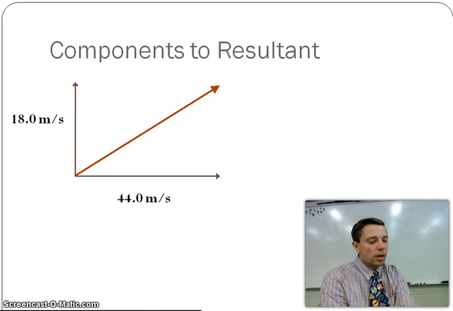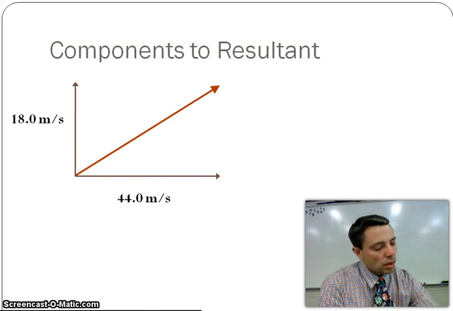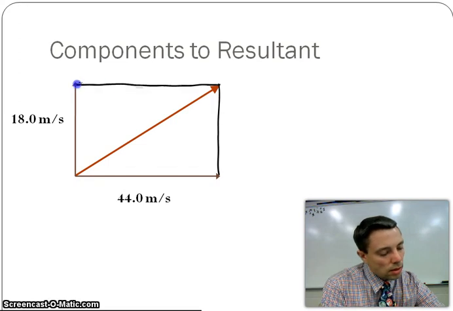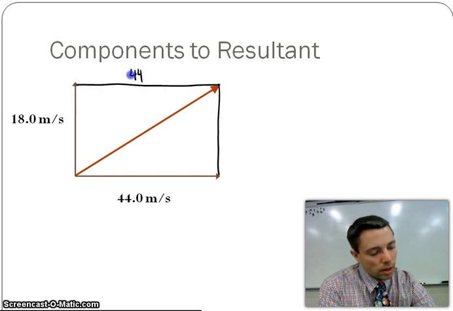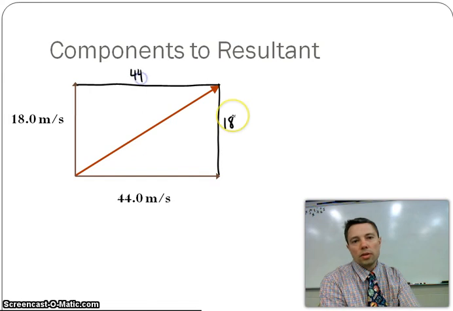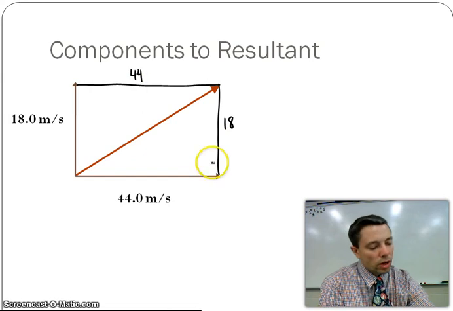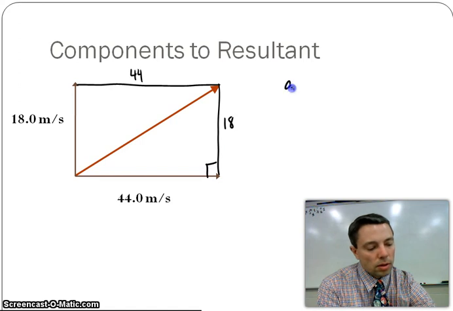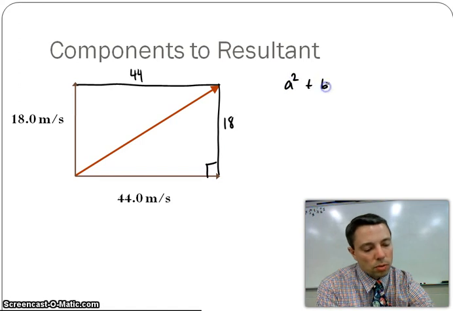So now we're going to make our components become resultants. To do this, again, I look at it in terms of a triangle. So again, this side is also 44. This side is also 18. Okay, either side, it doesn't make any difference. But it's a right triangle, which means that I have this other thing called the Pythagorean theorem, a squared plus b squared equals c squared.